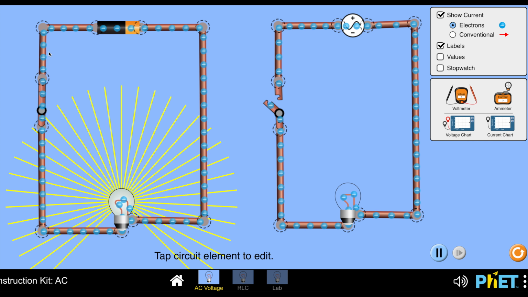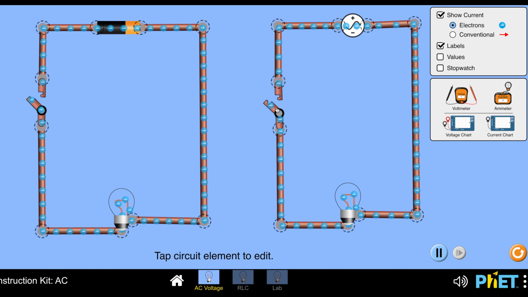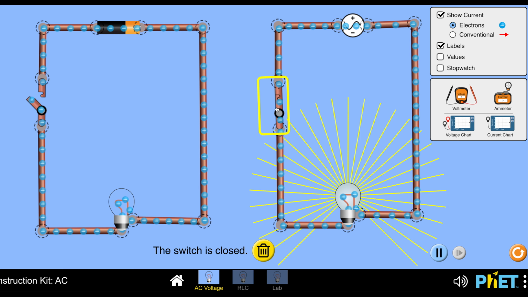Here we can see the electrons passing through the circuit in one direction. And as a result, the bulb remains at a constant level of brightness. This is the type of current we've learnt about so far, and this is known as direct current. On this side, we have an alternating current supply.